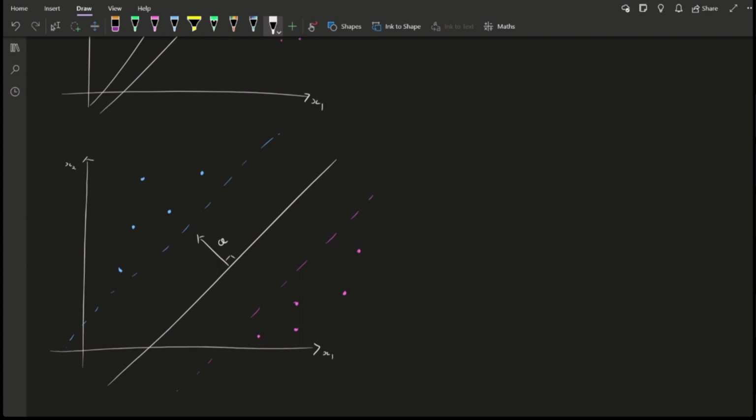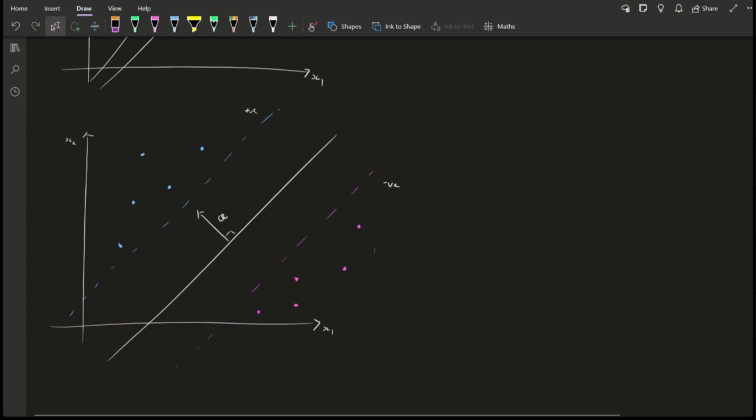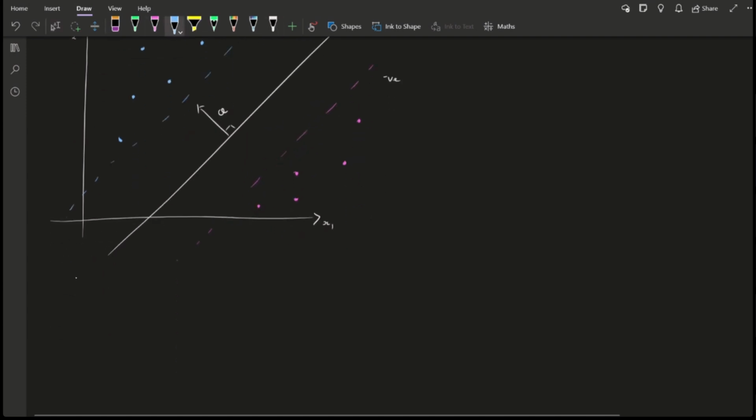We want to find a way to express these two margins. One thing about the margins is that they are parallel to the decision boundary, so we can express the margin on the positive side with a really similar expression to the decision boundary itself.